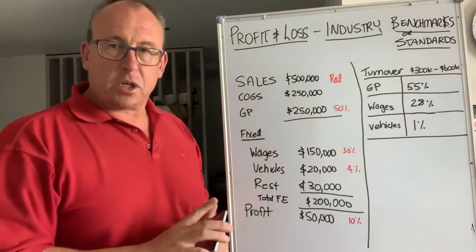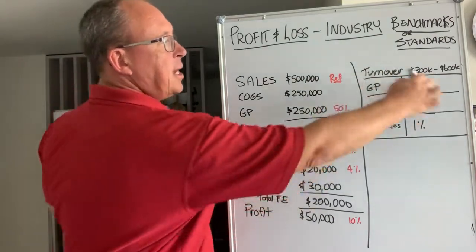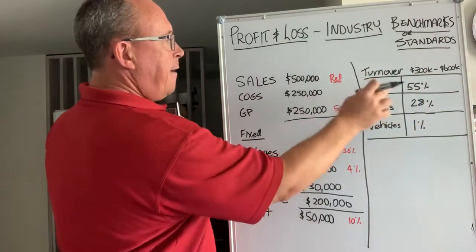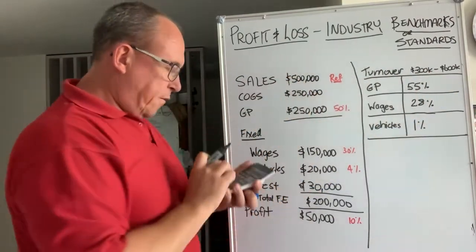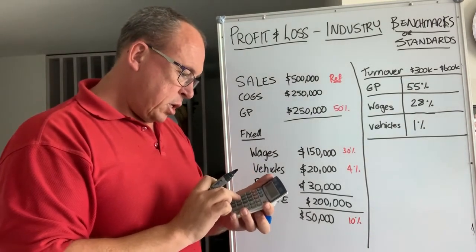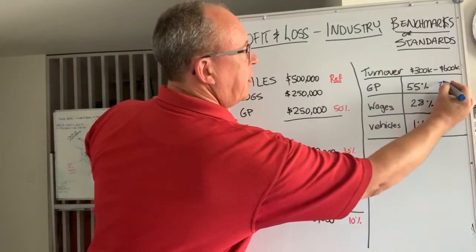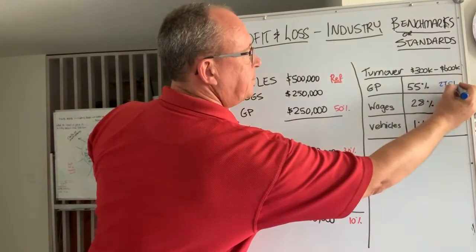Now here's where the cool starts. I'm going to need to get my trusty old calculator. So if our GP is 55%, the standard, that means 55% of 500. 500 times 55% equals 275,000.